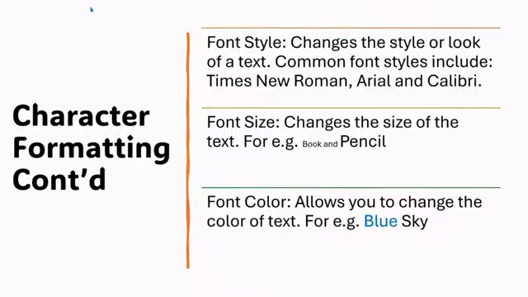And also we can use font color, which allows us to change the color of the text. So for example, blue sky right there, and blue is in the color blue. So font color allows you to change the color of the text.